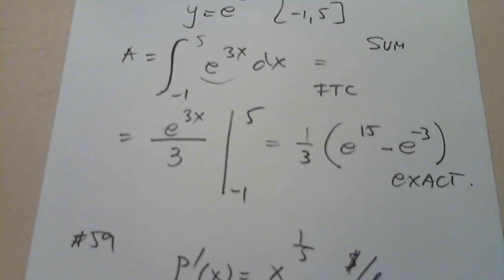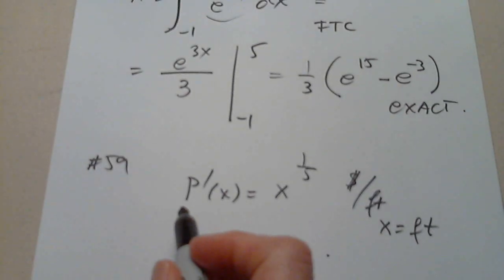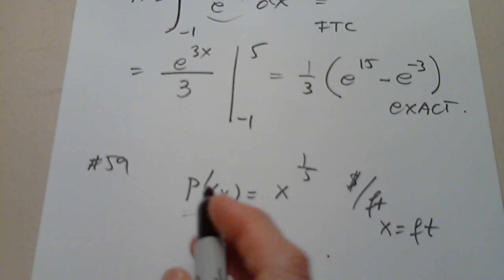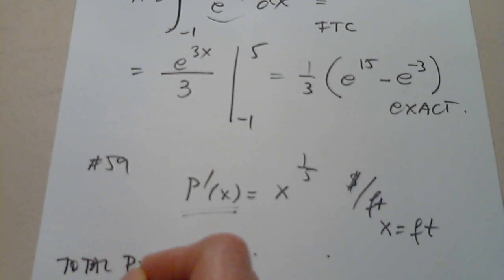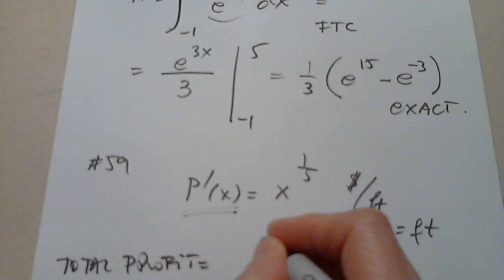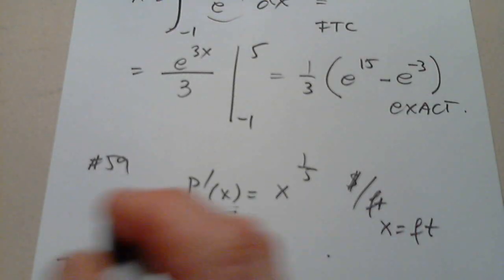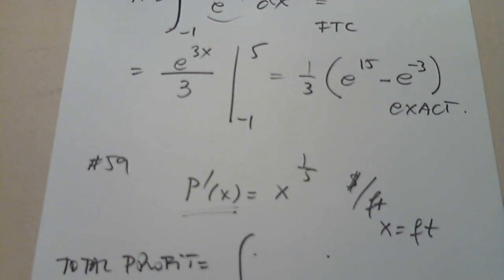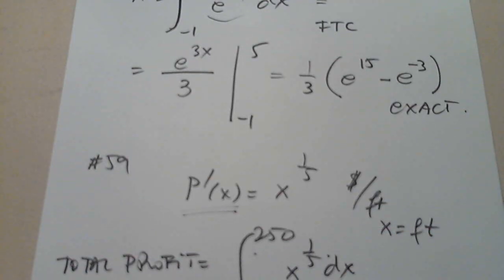From drilling a well, and x is in feet. Find the total profit when a well 250 feet deep is drilled. So we have the marginal profit, total profit, of course, is the definite integral from 0 to 250 of x to 1/5 dx.